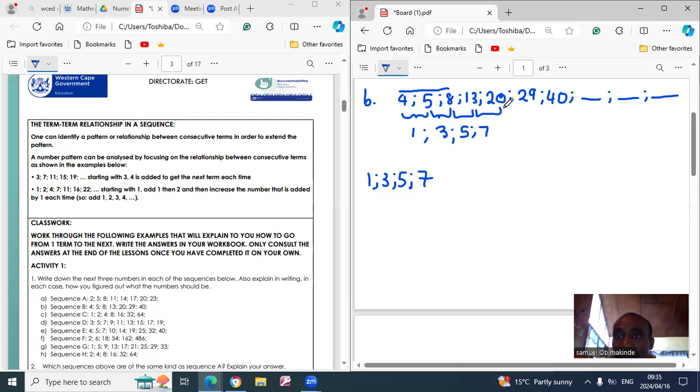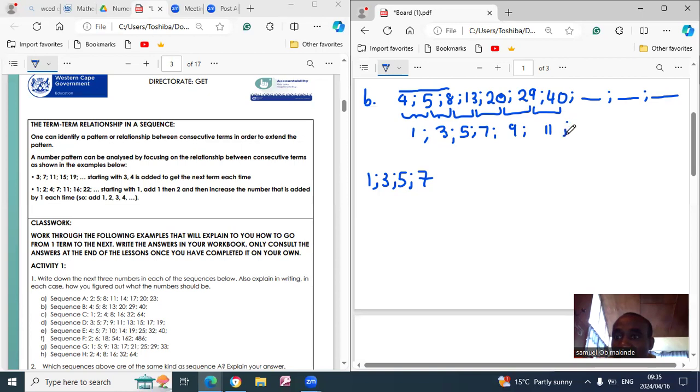The difference between 29 and 20 is 9. The difference between 40 and 29 is 11, right?